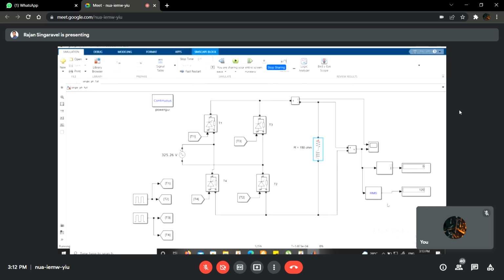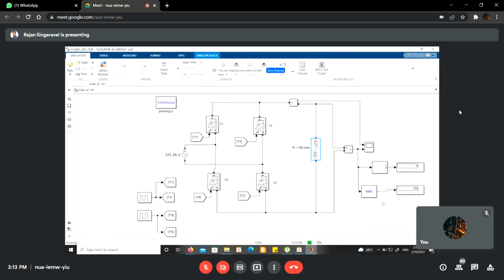And when the negative part starts to appear and you try to calculate the average, definitely when compared to the R load, for the same supply voltage and the same firing angle, the average DC voltage of the circuit with the RL load will be somewhat lesser than the average voltage of the circuit with the R load. Right? Provided the same supply voltage and the same firing angle are maintained. In that case, this will be the scenario.